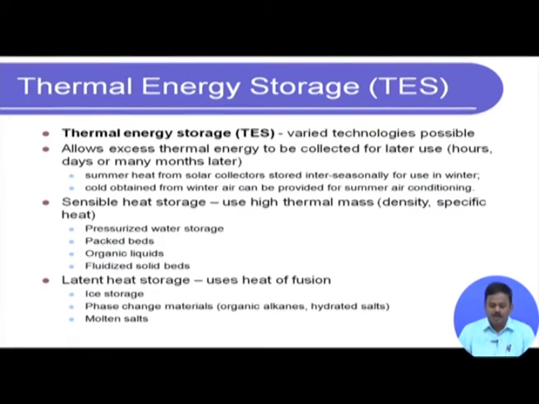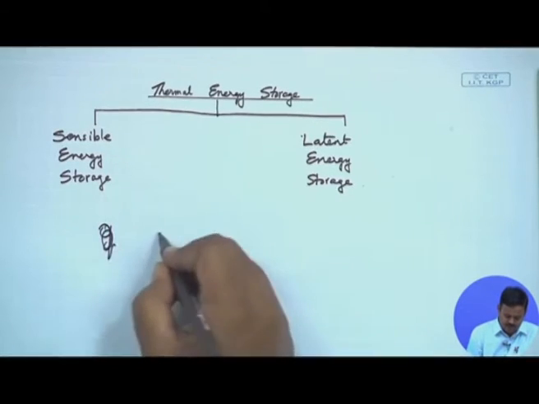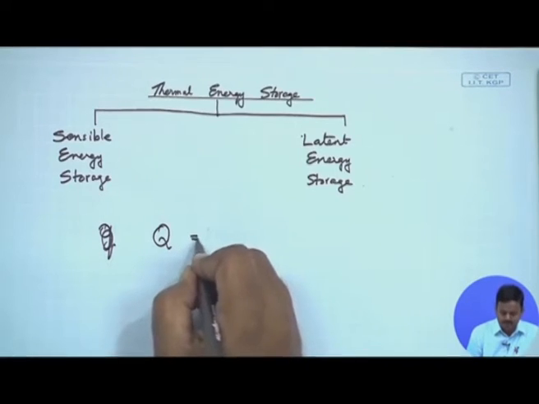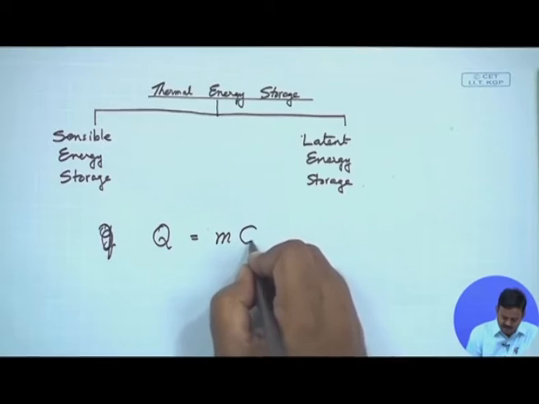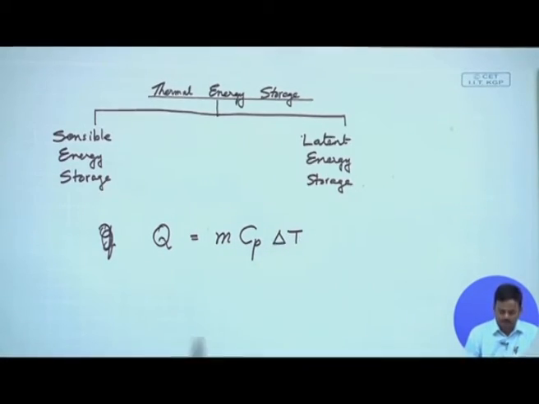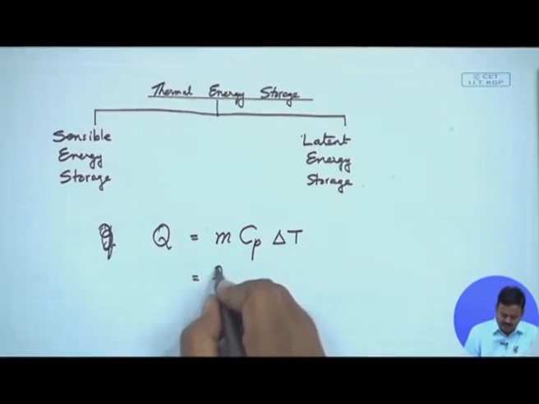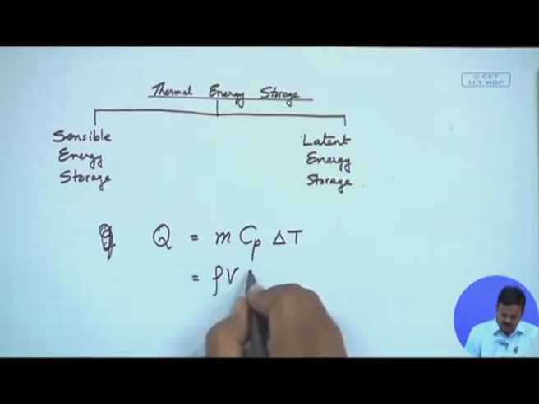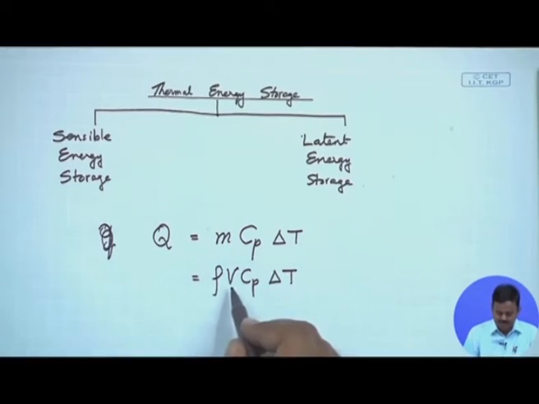The amount of energy that we store, if we recall, is capital Q, because we are talking about energy, equal to m, which is mass, times the specific heat times delta T. Let us say the volume is given, then I can write this as rho V Cp delta T, where rho is the density and V is the volume. Density times volume is mass.